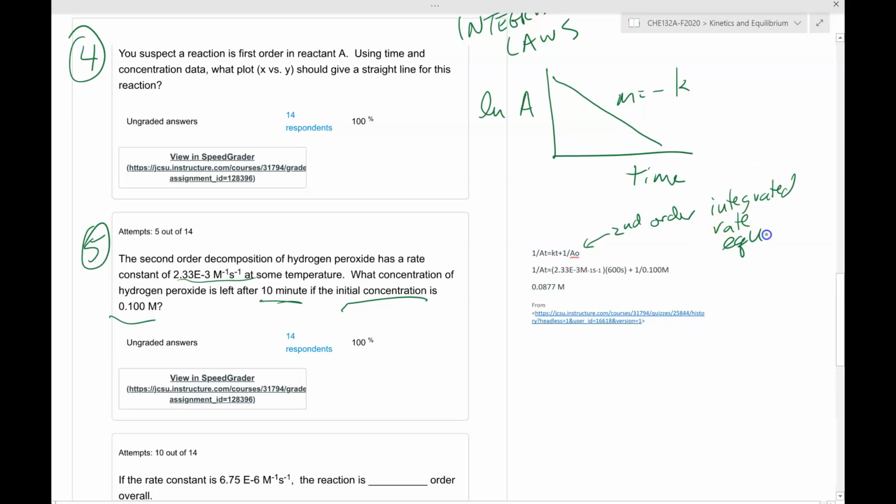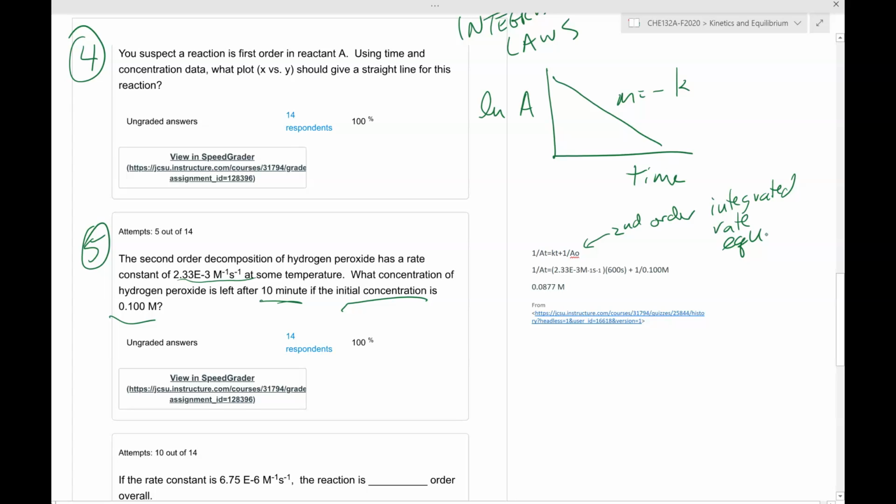And of course, those are conveniently summarized for you on your formula sheet. And we just have to deal with doing this calculation, which is a little bit tricky because you have to deal with not only scientific notation, you've got to deal with doing reciprocals.